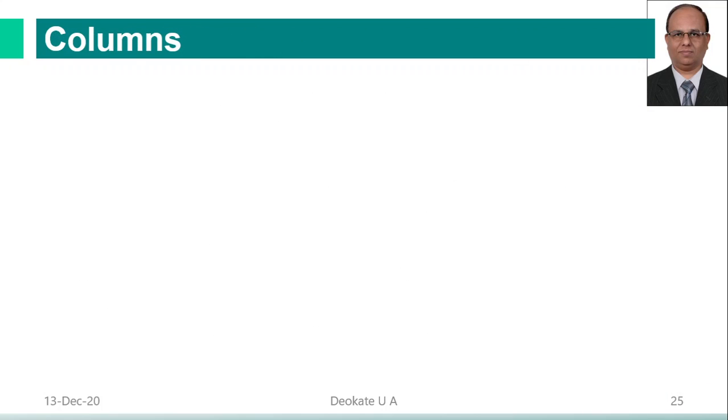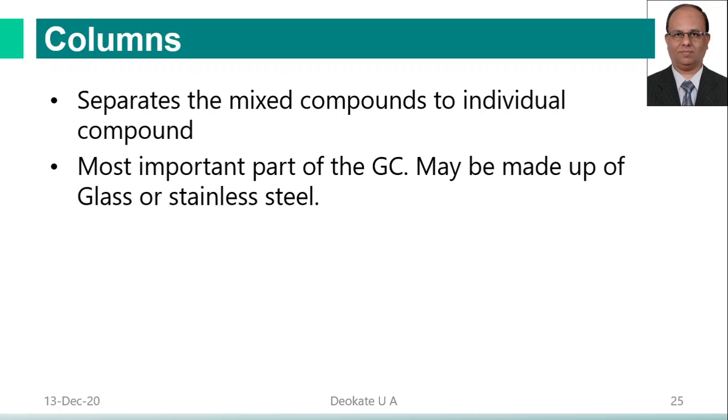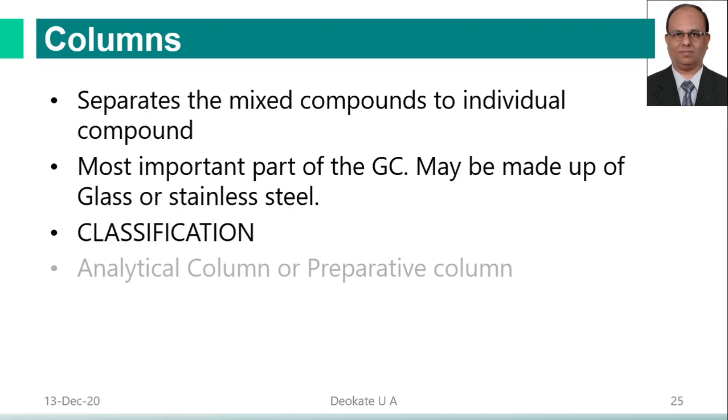The second very important component of your gas chromatography is the column. The mixture separation takes place in the column only. It is the most important part of GC and may be made of glass or stainless steel. It is classified as an analytical column or preparative column, depending upon the type of use, whether we are only separating or separating and using the fractions for further purposes.